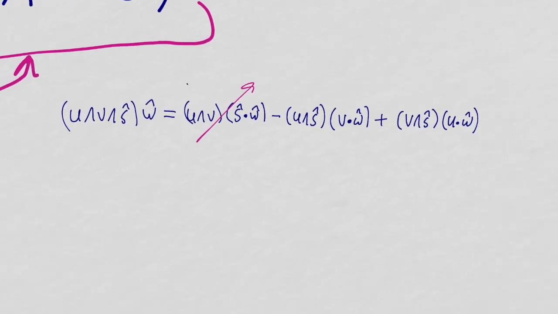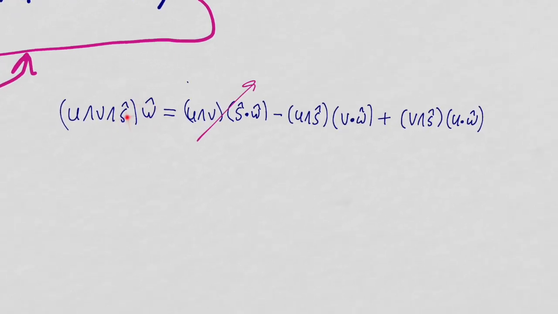And when you blow this up by taking S dot W multiplied by U wedge V, and then V dot W multiplied by minus U wedge S, and then U dot W times V wedge S, right? You end up with this expression.